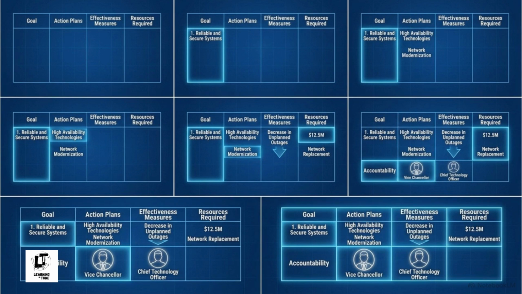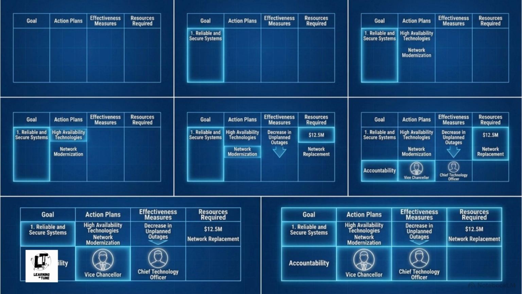Let's look specifically at how they structure goal number 1, reliable and secure systems. Under action plans, the strategy mandates fully implementing high-availability technologies and modernizing the network delivery. The effectiveness measures column mandates tracking the specific annual decrease in unplanned system outages.